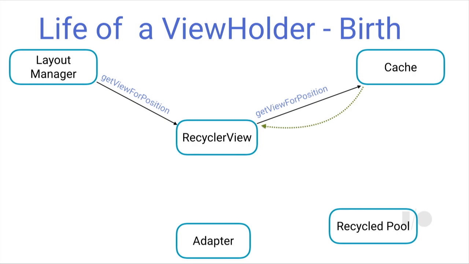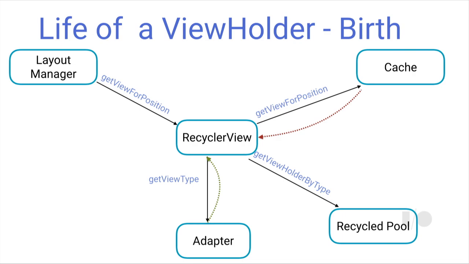If we didn't have it, the cache said no, RecyclerView will ask the adapter, okay, what is the type of this view? Adapter returns it. Then we go check the pool. This might be a shared pool. This might be the only pool used by this RecyclerView. Do we have a view holder for this view type? If it says no, we tell the adapter to create one. So this is when we actually create a view holder.